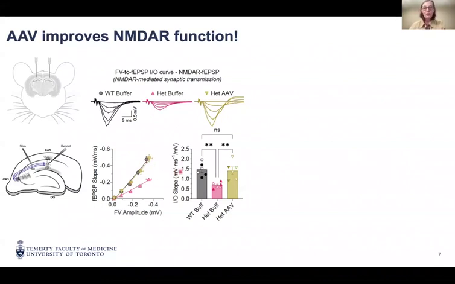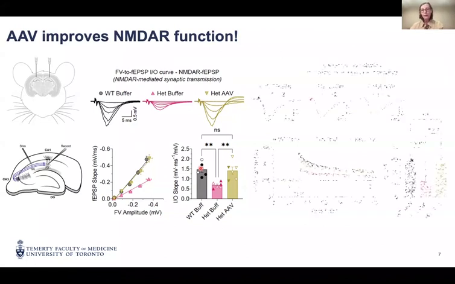And when you sum that all together, you can see that the NMDA receptor response is less in the heterozygotes, but when you give the AAV, it's the same as wild type, which is just phenomenal. It's beyond what we could have expected. So I don't know how to convey this to you, but this was really exciting for us. It really showed us that, okay, this strategy can work.